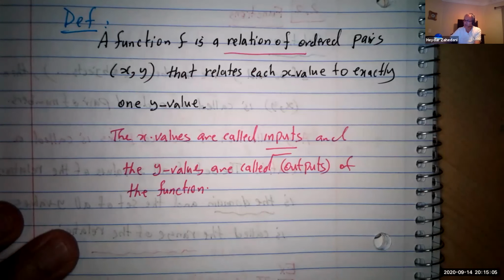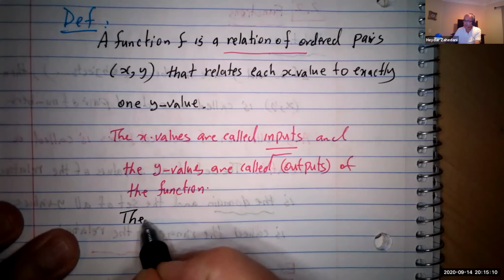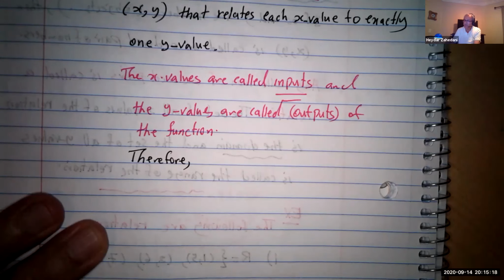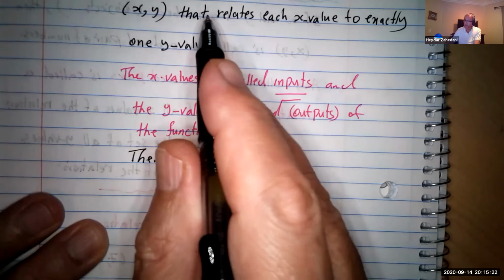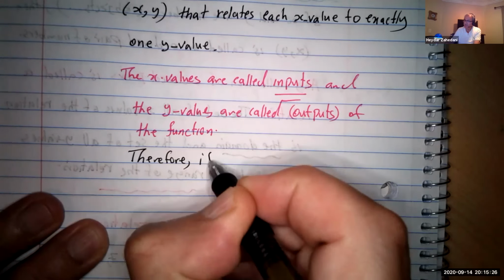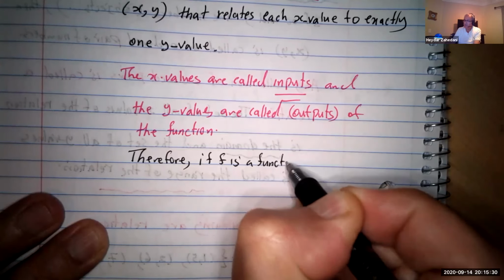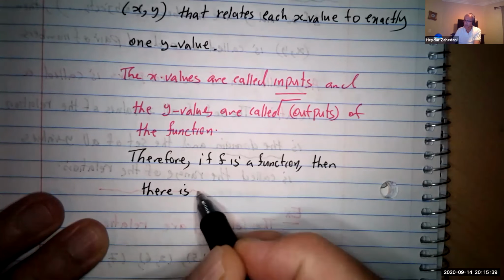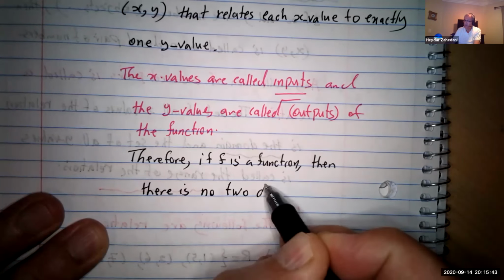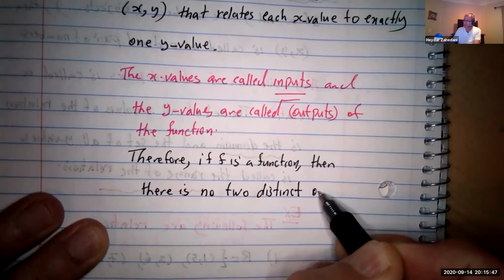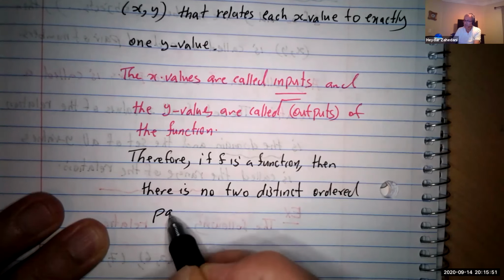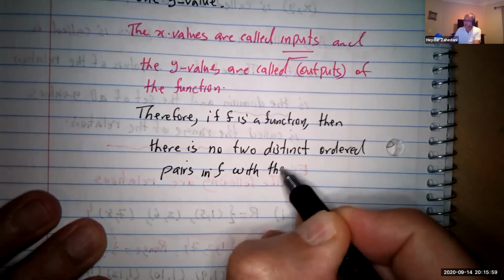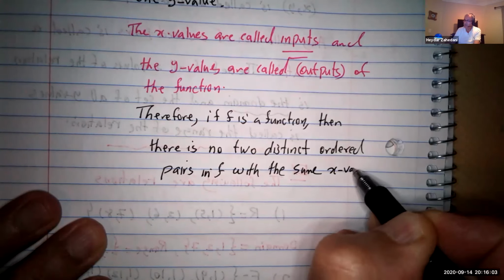So, if f is a function, then there are no two distinct ordered pairs in f with the same x value.